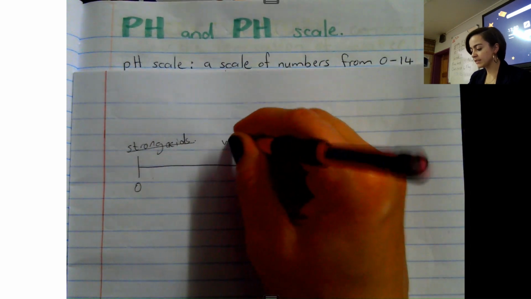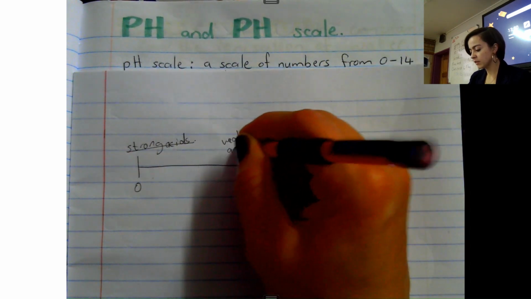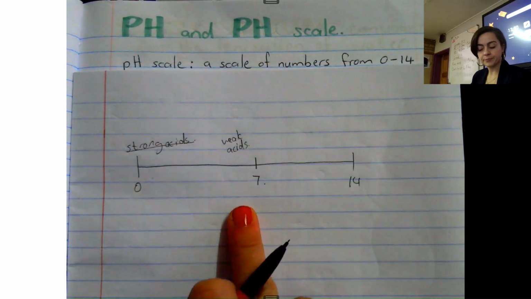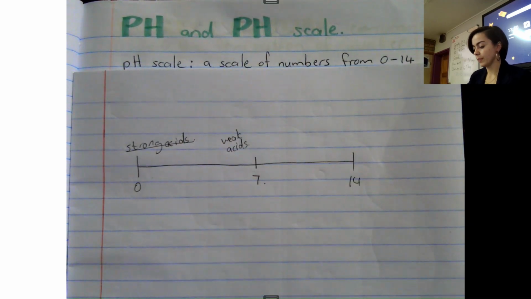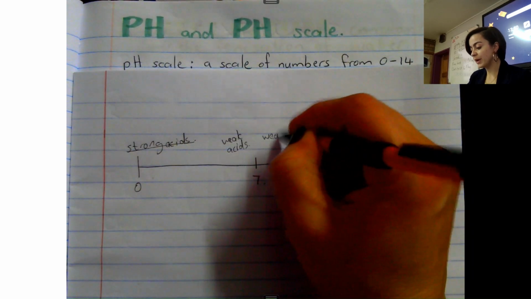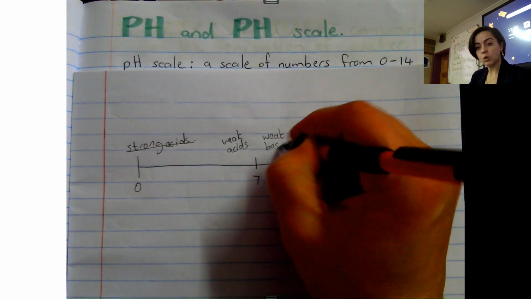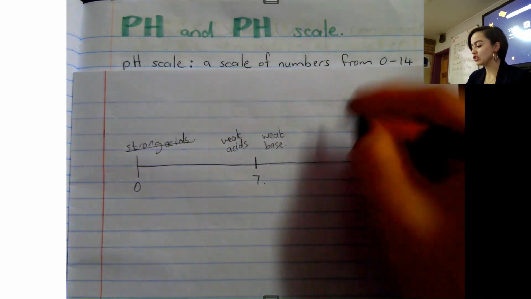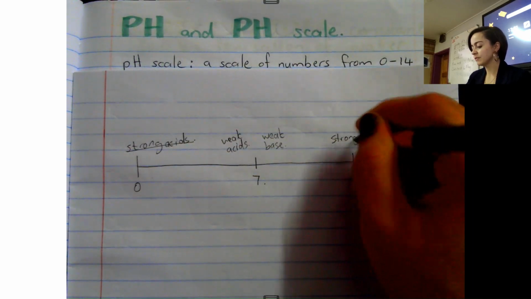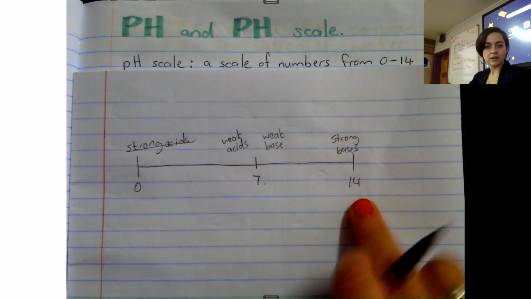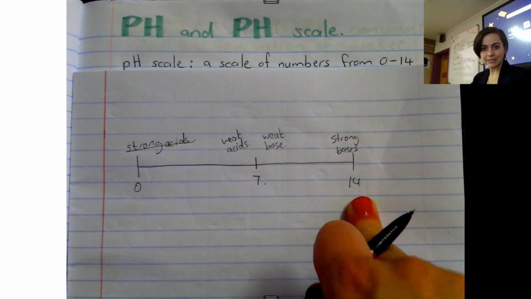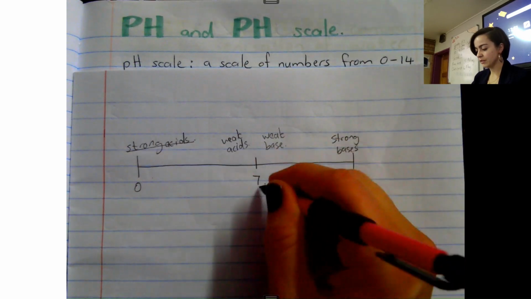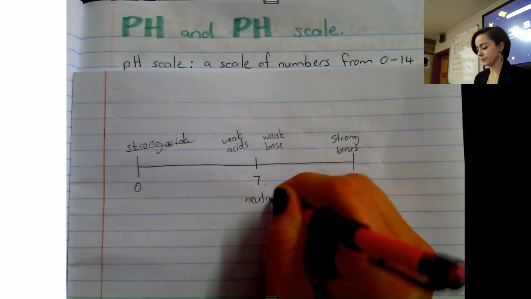My weak acids will be closer to 7. But then my weak bases will also be closer to 7, all right? Whereas my strong bases are closer to 14. You see that? Okay, because 7 is neutral.